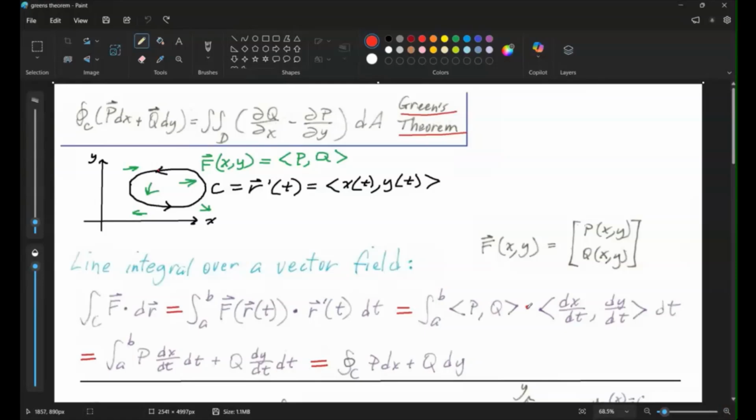Here, it's just the vector field dotted with the derivative of the curve function. If we go ahead and dot those, we just get this, and you'll notice this is no longer a vector. It's just a function that's going to be integrated, and it's typically parametrized, but we could cross out the t's and get a shorthand notation for that here. So that's kind of the springboard for what we're doing here.